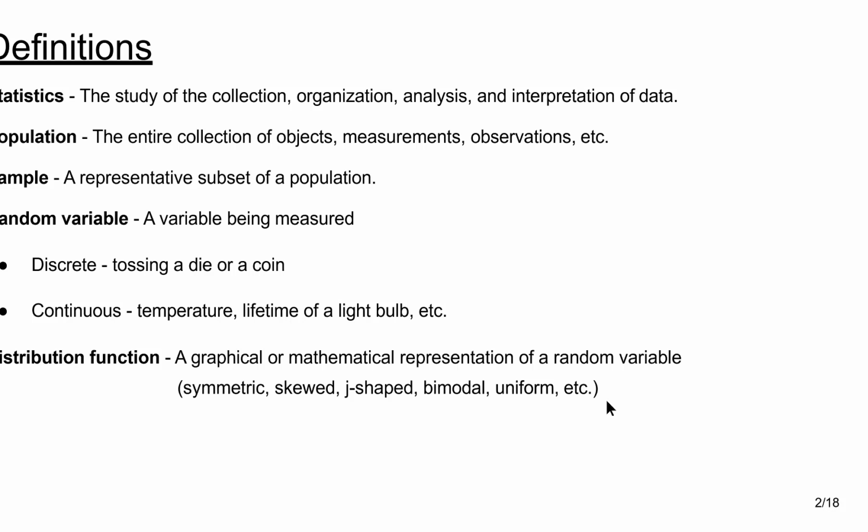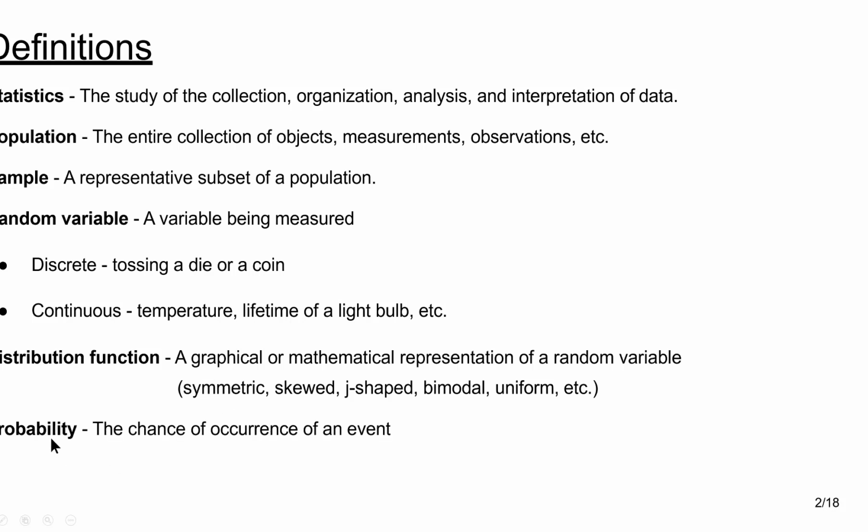If it doesn't look like that, then some of the things you want to do statistically won't apply, because you're assuming that it's symmetric. And most random data should be symmetric, unless there are things that skew it towards one end or the other, or maybe a bimodal thing where there really are two dominant factors controlling the data. But if it's either of those things, or uniform even, that would obviously not work with some of these equations. So we kind of need them to be this symmetric looking function.